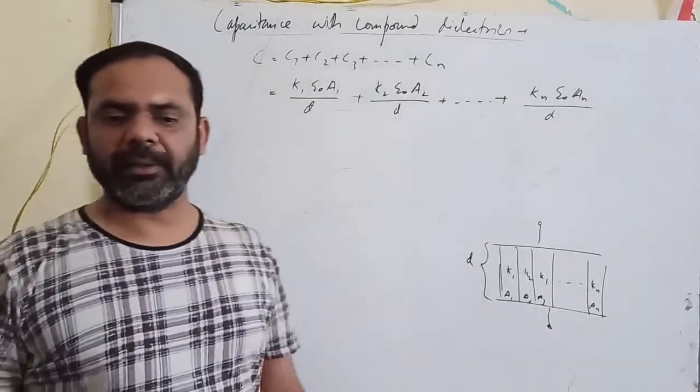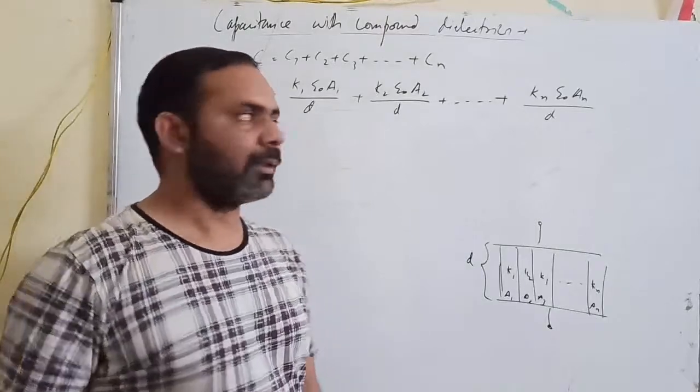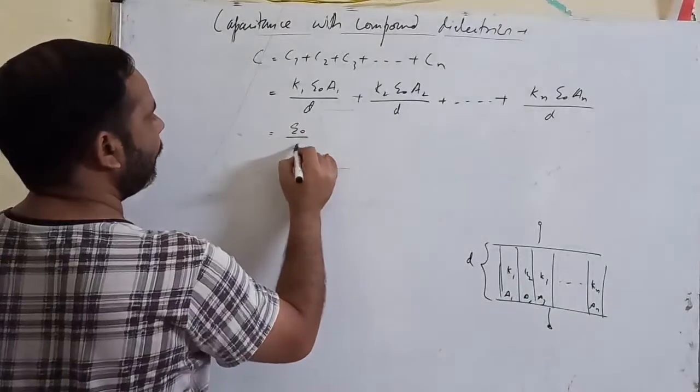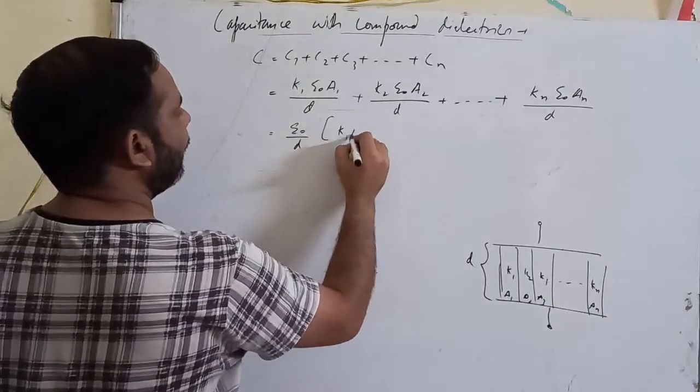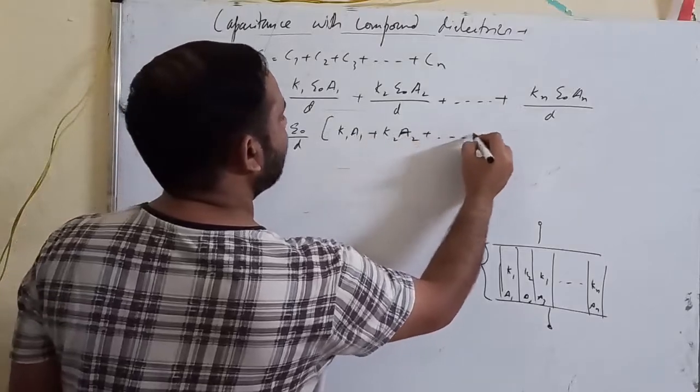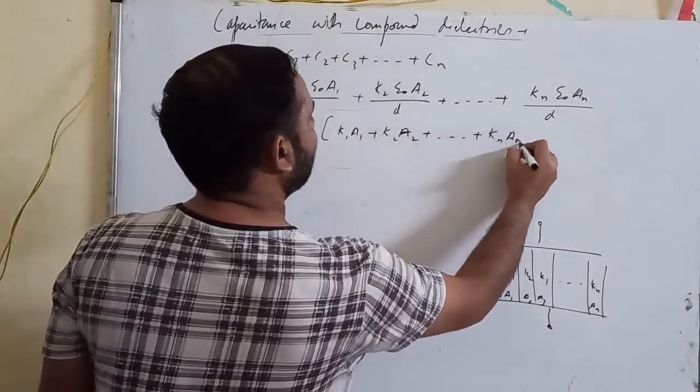The sum of the individual capacitances. Now you can take epsilon naught upon D common, K1 A1 plus K2 A2 plus Kn An.